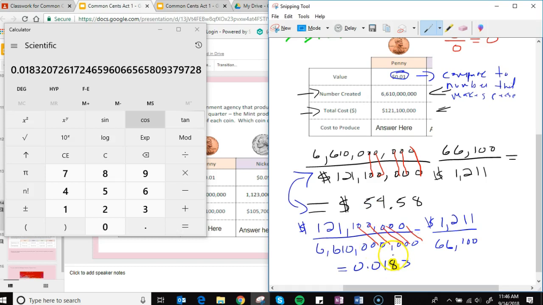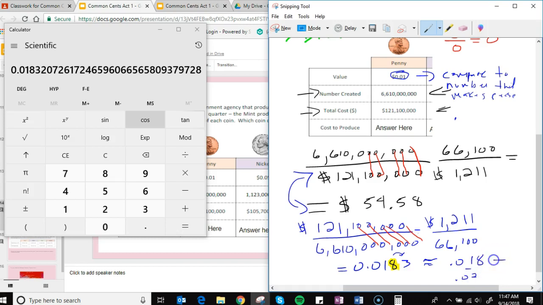And just really quickly, we said this was less than 5, and so we were just going to leave that number at approximately 0.018. And so what does that tell us? Well, it tells me that if we wanted to round it to the nearest hundredth, we could say it's 0.02.